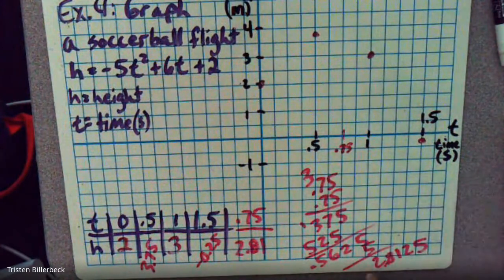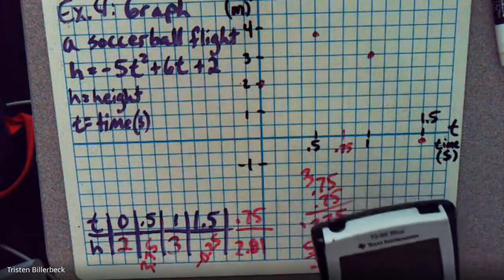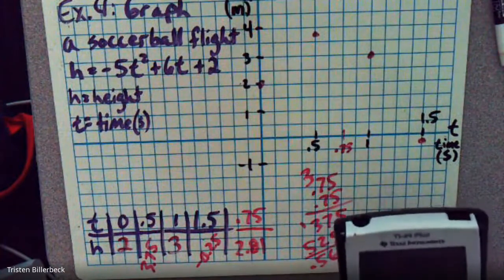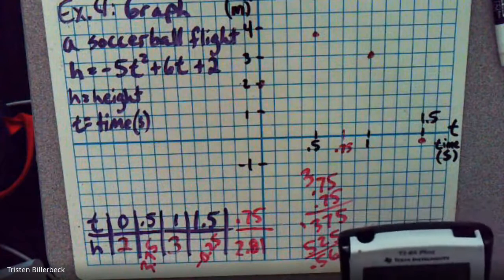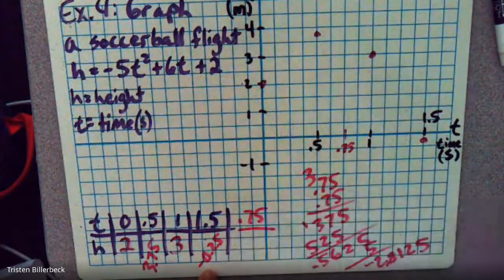Okay, that's -2.8. Oh, that's because we weren't done. Ugh, silly me. Okay, and then plus 6 times 0.75 plus 2. Okay, that makes so much more sense.